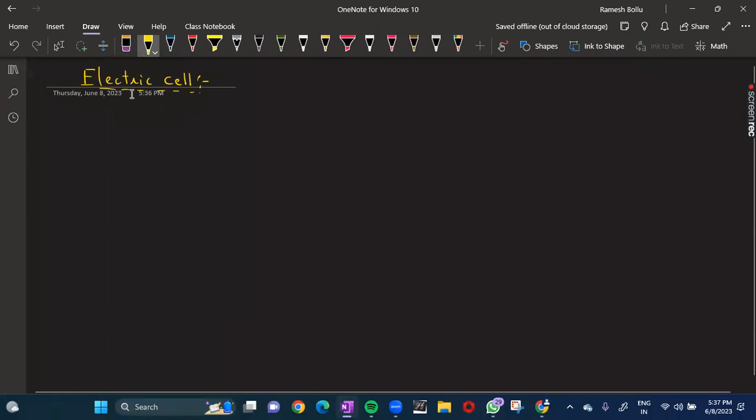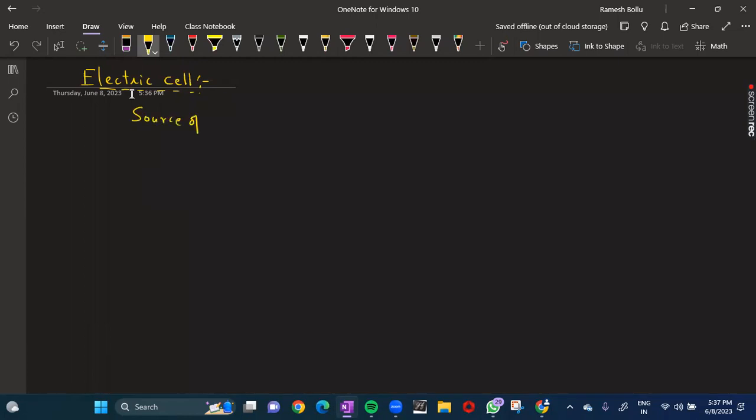Compulsory, this cell concept surely one or two questions will come in both JEE Mains and NEET exam also, and it is very easy. What is the use of the cell? Tell me. It is a source of energy.